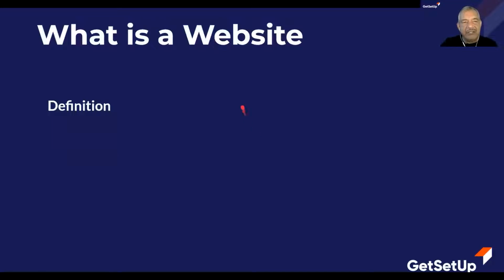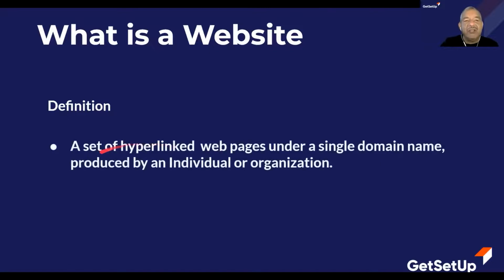Now, a little bit of theoretical information, a definition. If we wish to create a website, we should also know what a website is. A website is a set of hyperlinked web pages. Hyperlink means it is a method for navigation, and pages means multiple pages.